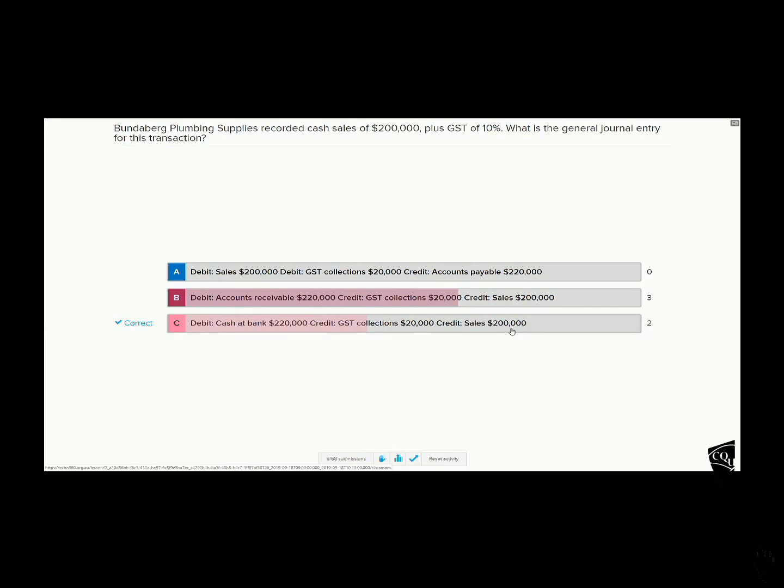Remember, sales does not include GST. The amount collected does include GST because the GST component has to be sent on to the ATO, and that component is a liability, a statutory liability for the 10%. So it's credit, GST Collections. Credit, a liability. Okay.